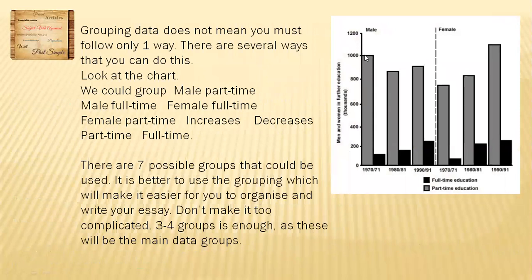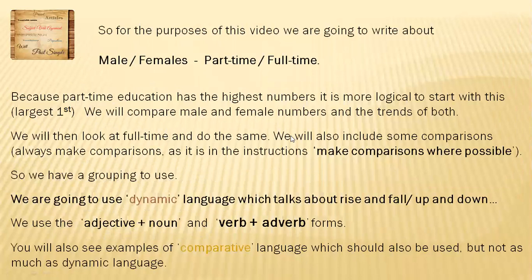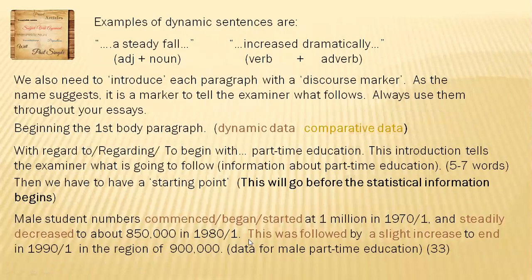They began at about 1 million and decreased to roughly 850,000. We're not sure, so we round it up. This was followed by a slight increase to end in 1990 to 91 in the region of 900,000.